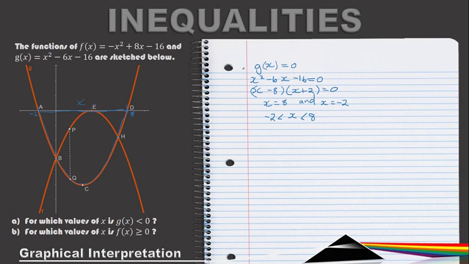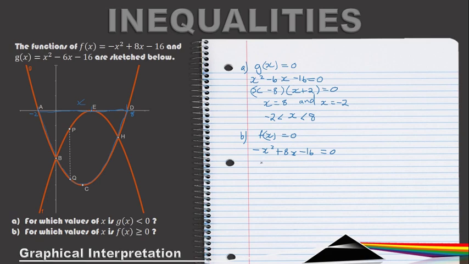So for b, we have that it's only equal to 0 over here. So if we solve for where f(x) is equal to 0, we substitute in minus x squared plus 8x minus 16 equals 0.